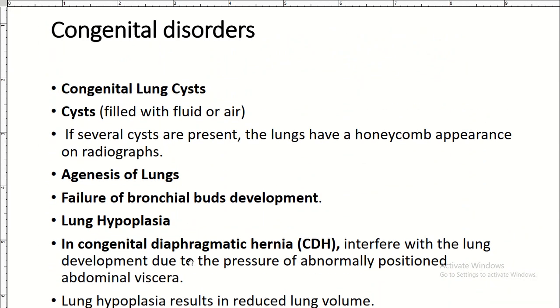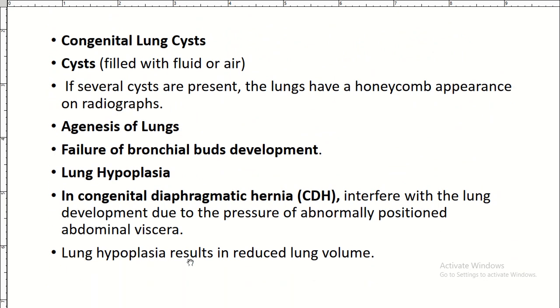So these are other congenital disorders. You can have congenital lung cysts developing within your lungs. Remember, when the bronchi are dividing and dividing, they may form cysts in the lung. These cysts will be filled with fluid or air, but there will be no gaseous exchange taking place in that area. You can have agenesis of the lungs, which is failure of development of the lungs altogether.